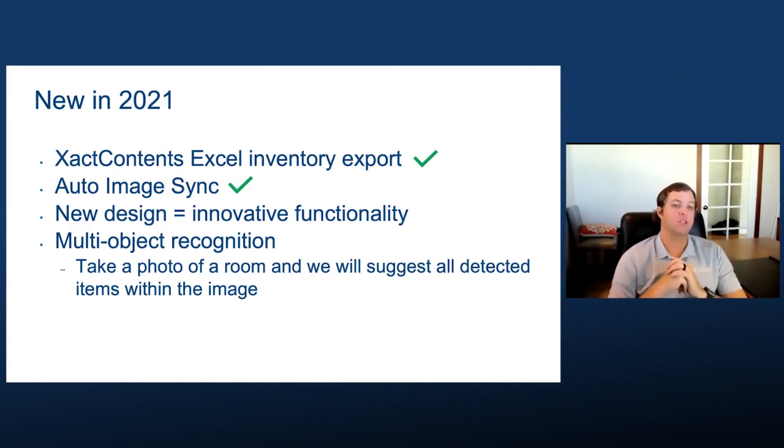Pretty cool technology. We're really excited to implement that later this year, so look forward to that. The purpose of that for Contents Track is initial scope. If you really need to hurry and get an initial scope over to the adjuster, this is the way to do it.